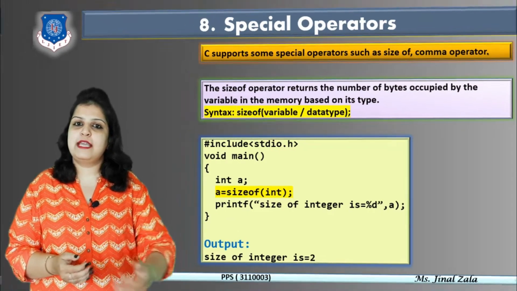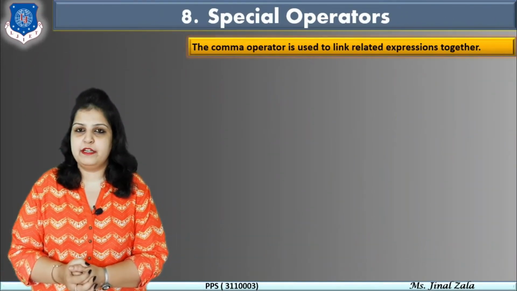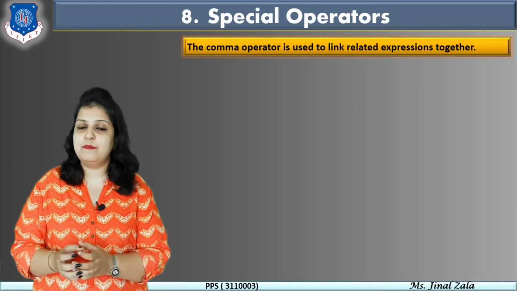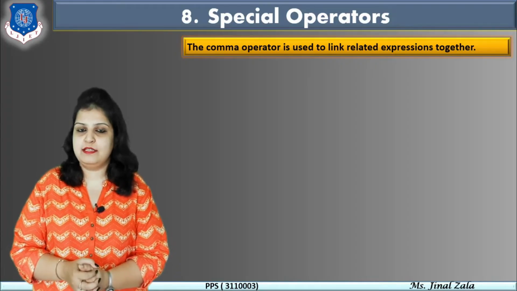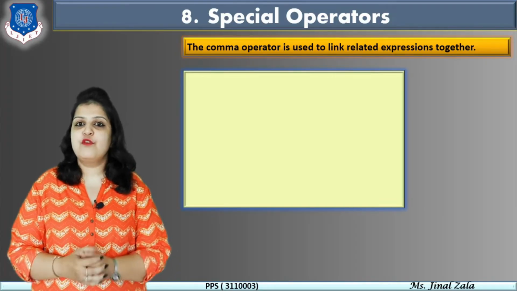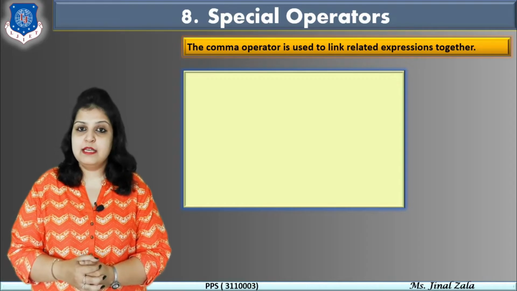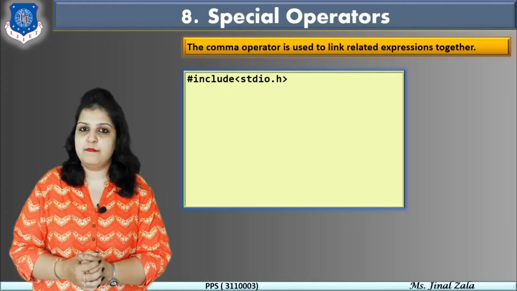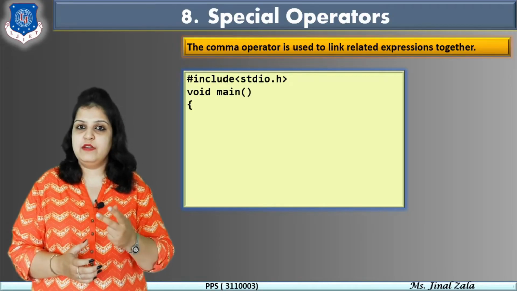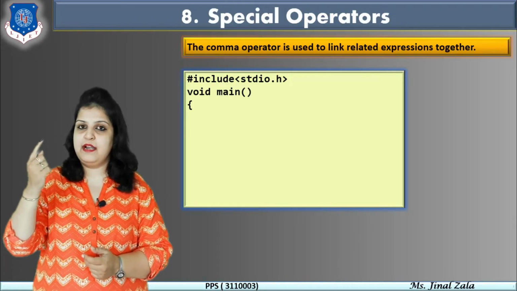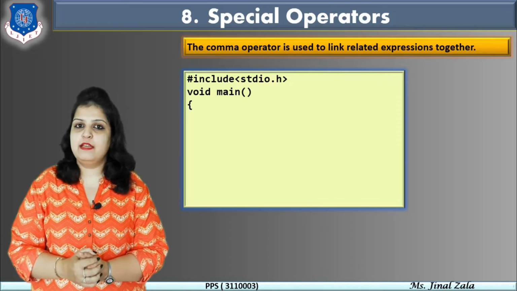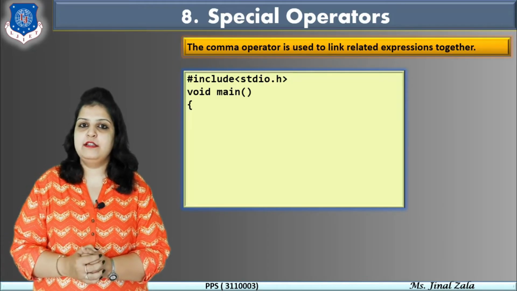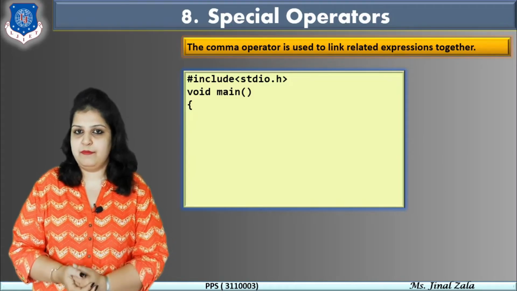And our second operator is the comma operator. The comma operator is used to link different expressions together in one statement. How? Suppose you want to add two numbers. In the previous example of arithmetic operators, we had to take two variables in the declaration part, assign the values there, and then write the syntax like c = a + b.